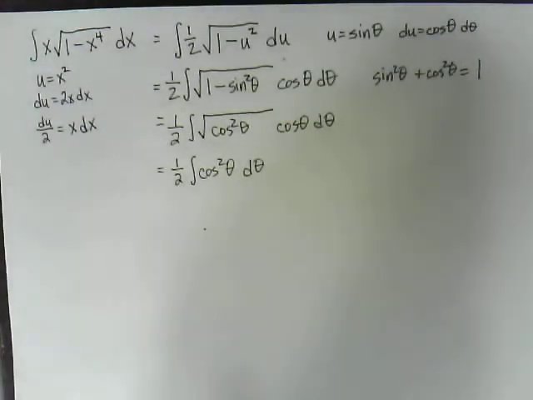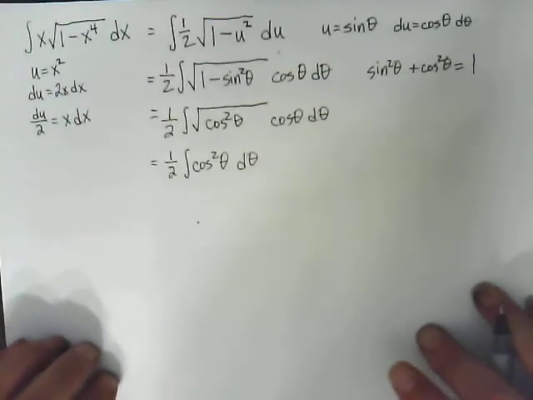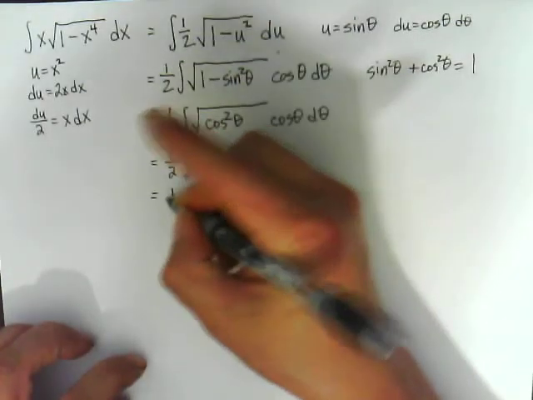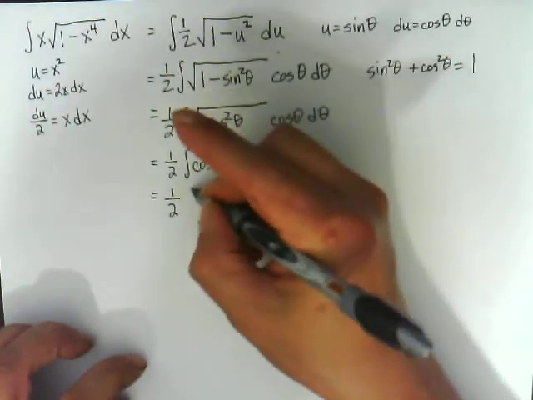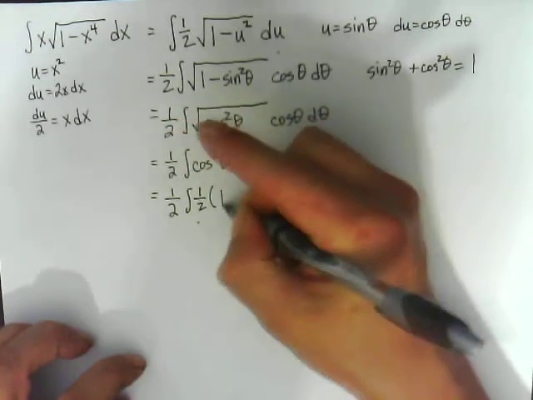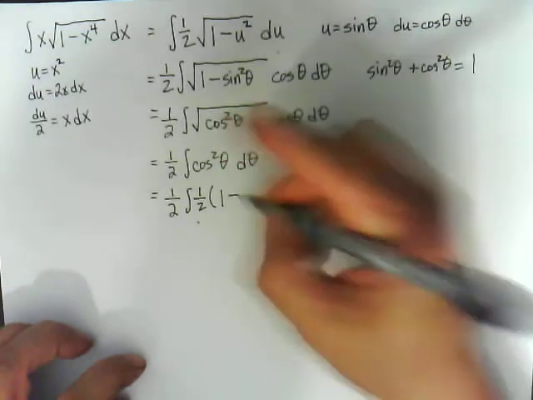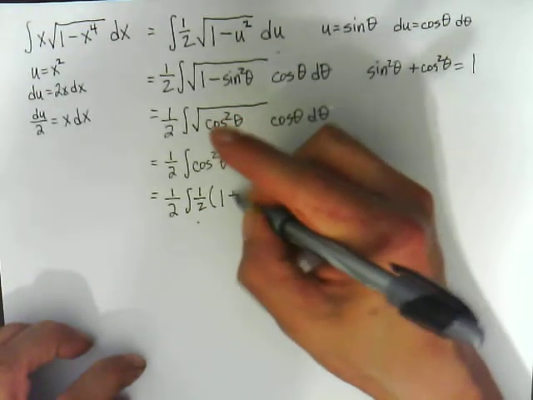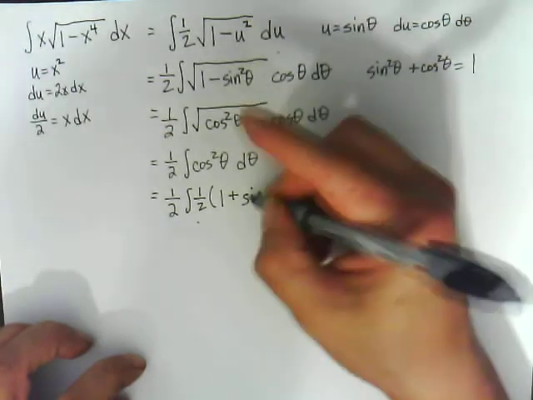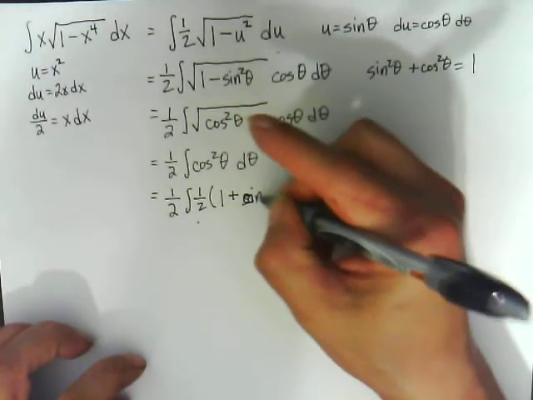Now to finish this out, we're going to have to go to wonderful trig identities that we learned in trigonometry that everybody forgets, and I even still have to look them up. The integral of cosine squared theta is 1 half times 1 plus cosine 2 theta.